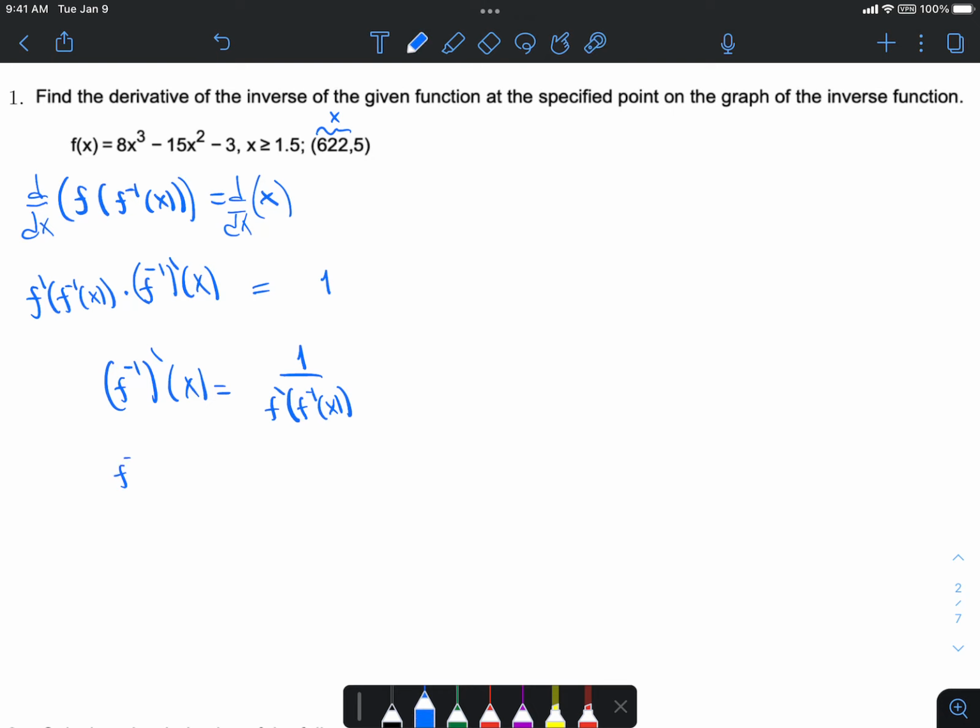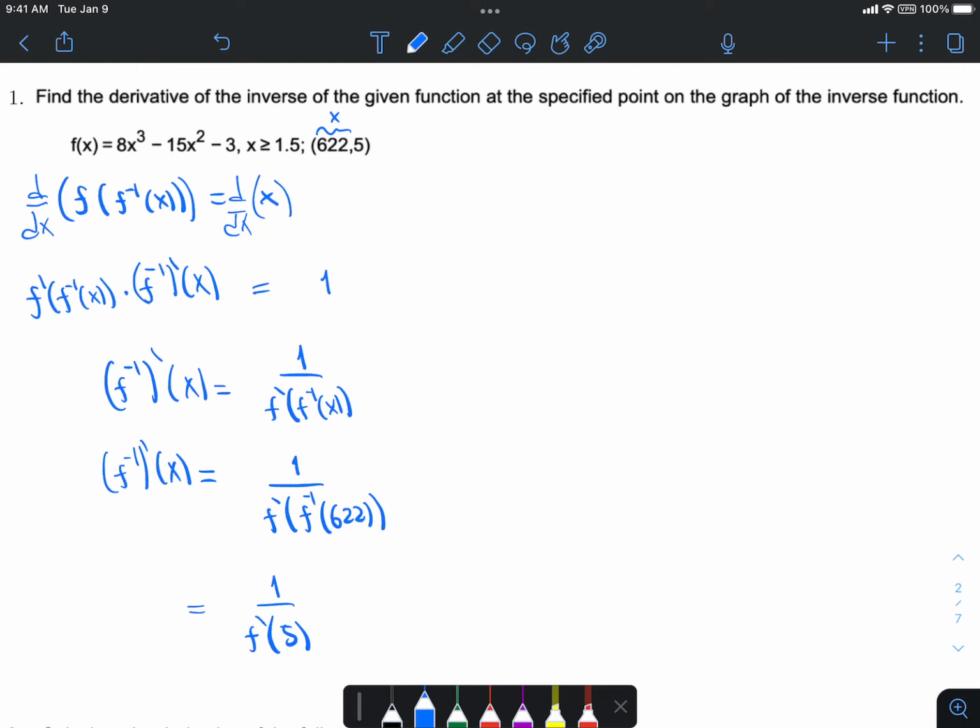That means f inverse prime of 622 is 1 over f prime of f inverse of 622. And since the point x is 622 has coordinate y is 5, that means f inverse of 622 is 5. So this is 1 over f prime of 5.